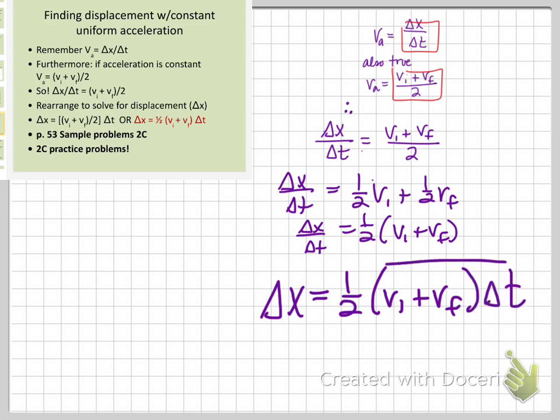So that's the standard form that we usually use on the note card. What this allows us to do is find displacement or time when we don't necessarily know the average velocity, but we know the initial velocity and the final velocity, or we can find initial velocity or final from the displacement and the time. So let's do a 2C practice problem.